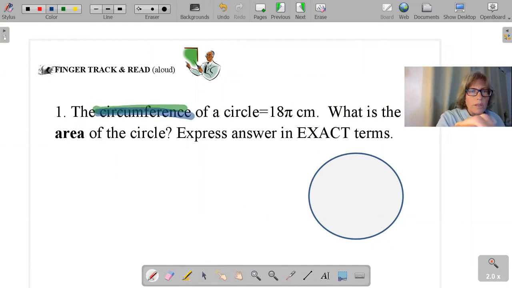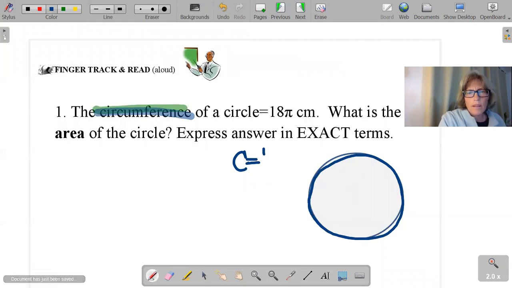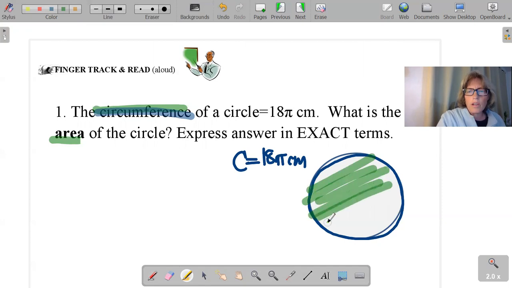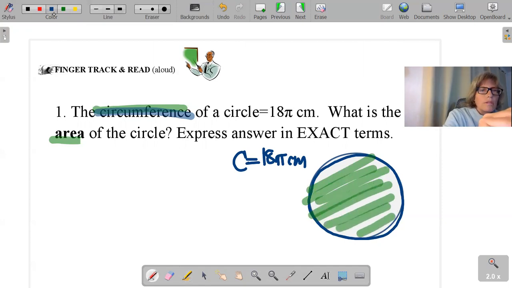So just trace it, circumference. So I'm going like this, circumference of a circle is 18 pi centimeters. What is the area? Area we always shade to get it in our brains. We're looking for area. Area, question mark.